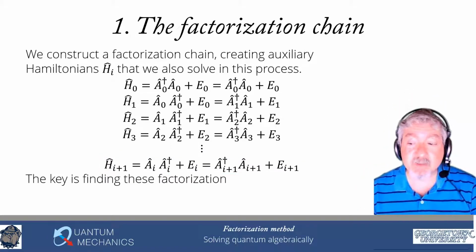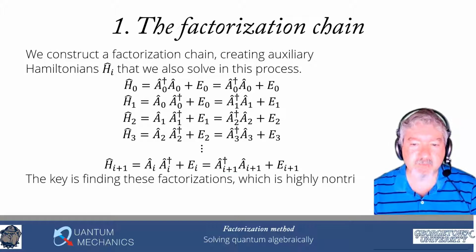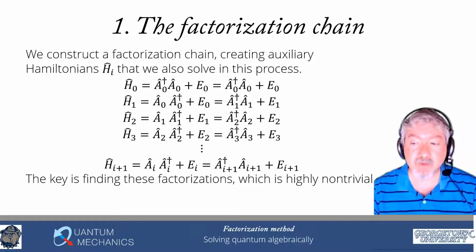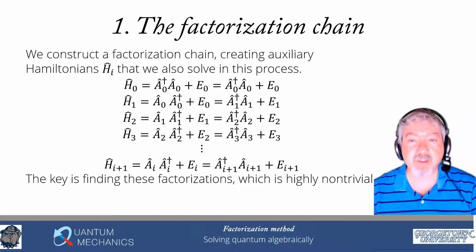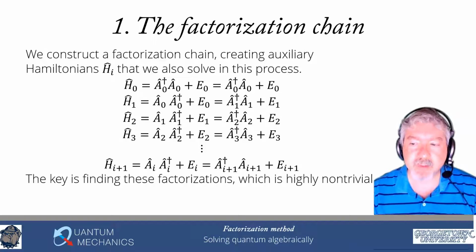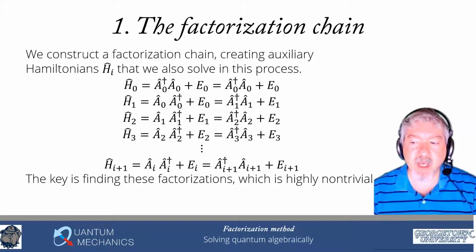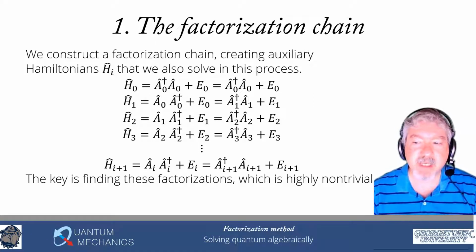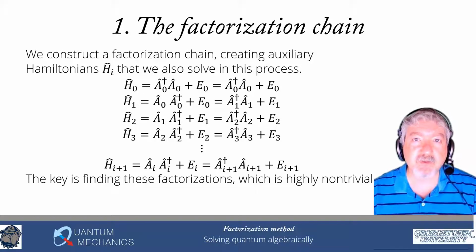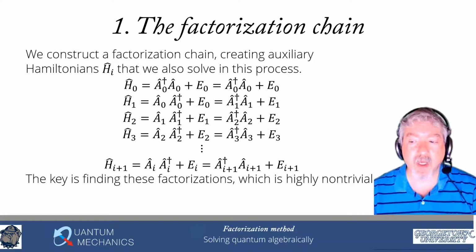Now, the key to making this whole approach work is figuring out those factorizations for the next auxiliary Hamiltonian. And in general, that's highly non-trivial. But there's a large class of potentials called shape invariant potentials, where the same ansatz that you use to factorize H0 is the ansatz you use to factorize all of the auxiliary Hamiltonians.